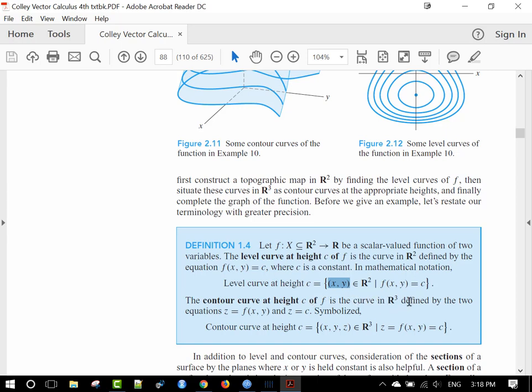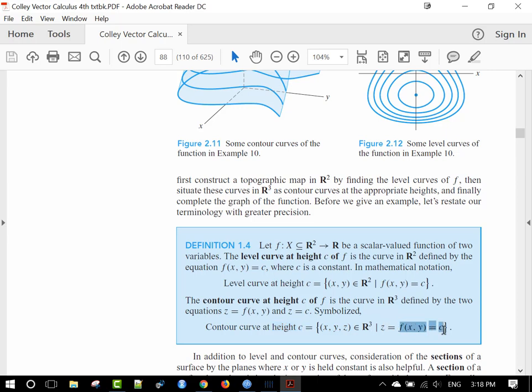defined by 2 equations, or really it's just one equation, but they say 2 equations. Anyway, it's the set of points in R3, the contour curve in R3, defined for a particular height c by the equation here.